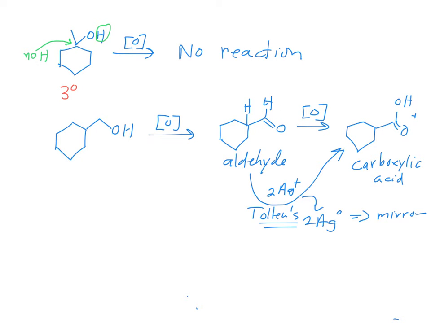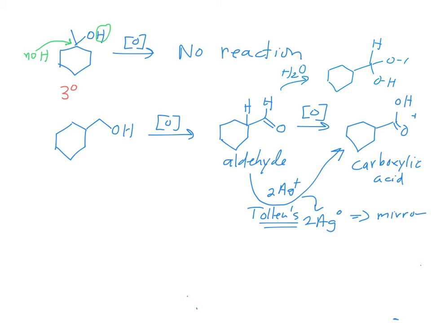The way we draw it here, it doesn't really show the process that's taking place. A lot of these reactions would go through an intermediate, so you'd have some water in here. It's kind of like the acetal and the hemiacetal reaction.